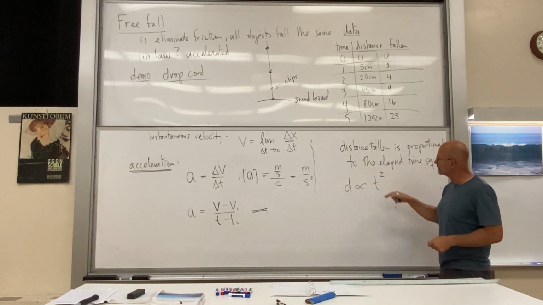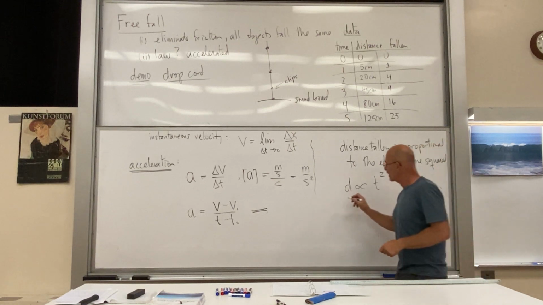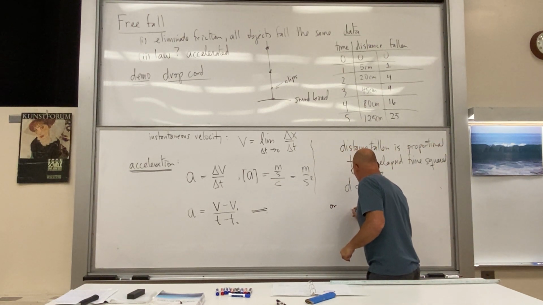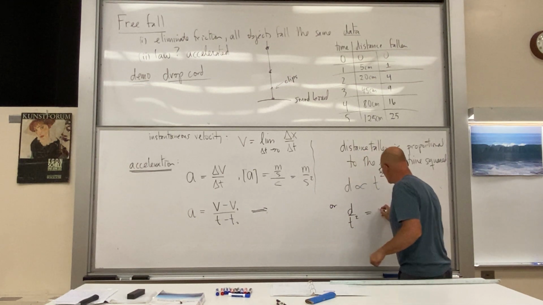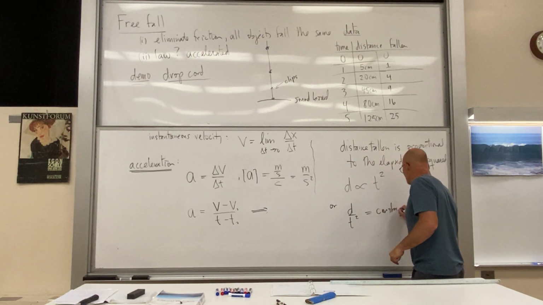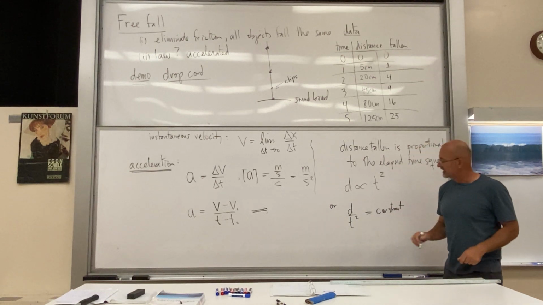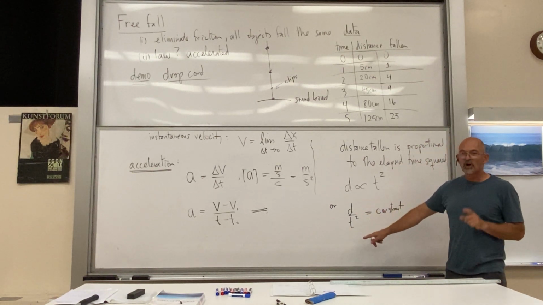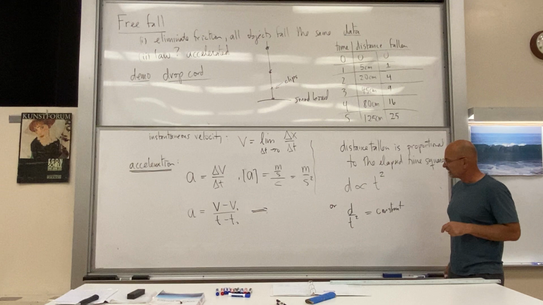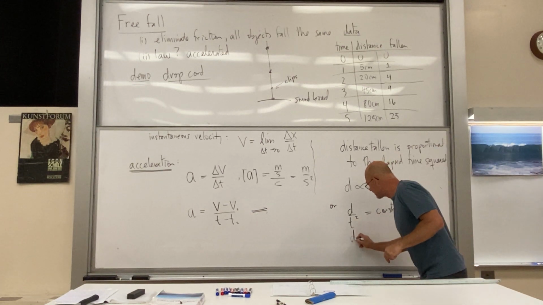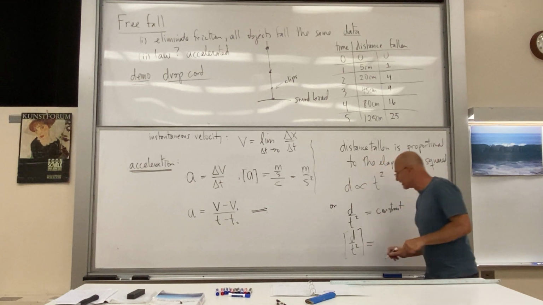Good, we've got distance proportional to time squared, and that means we have distance over time squared is equal to constant. Okay. The distance over time squared, that ratio is constant, but what are the units of distance over time squared? Let's do the square bracket here, and what do we get?